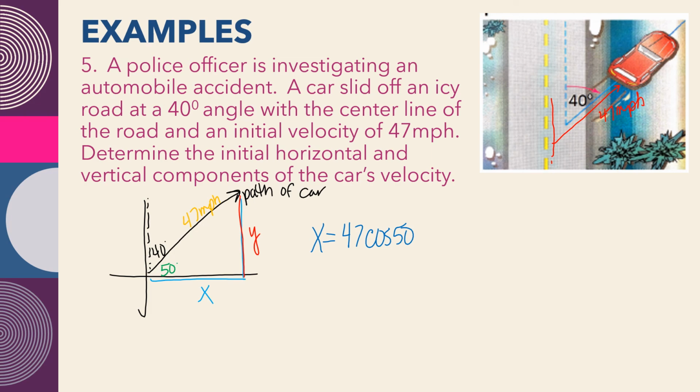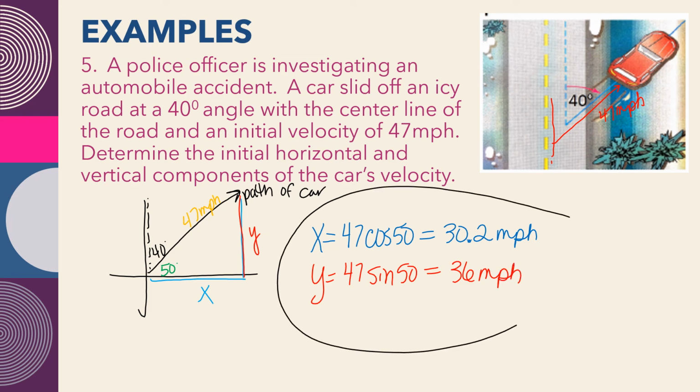So 47 multiplied by cosine of 50, which gives us 30.2 miles per hour. And then our vertical component, the y, is going to be the magnitude multiplied by sine of the angle, 47 times sine of 50, and that gives us 36 miles per hour.